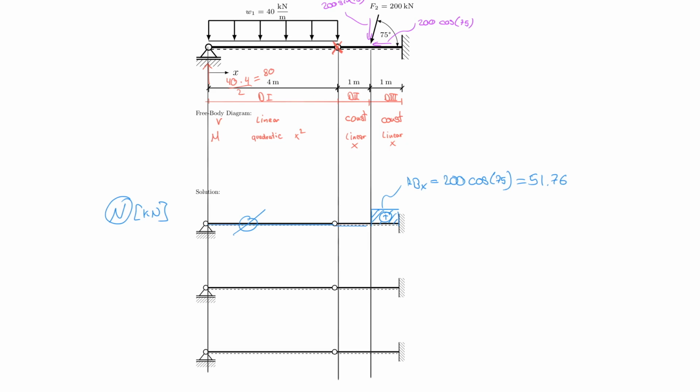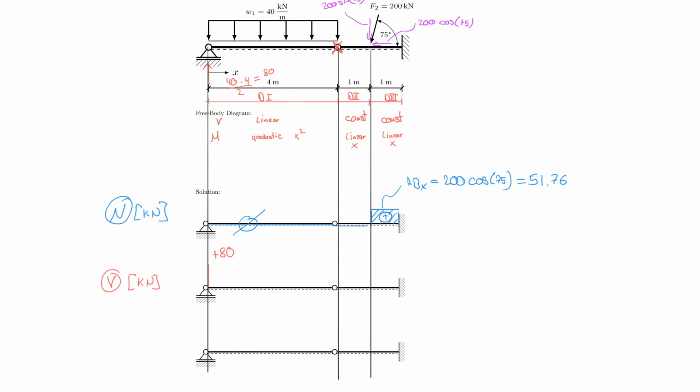So let's do that. First, I always indicate what units I have and which diagram I'm dealing with. And in this case, it's fairly straightforward. I'm following my arrows. Since I'm starting on the left side, I am going up by 80, plus 80. And then it's linear down, right?